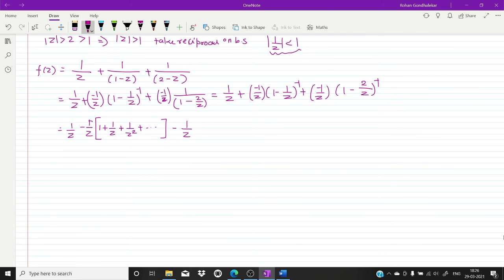Then −1/z into the third term. What is the variable here? 2/z. So 1 + 2/z + 2²/z² + and so on. Is it? So now this is 1/z. Now −1/z into this, so −1/z − 1/z² − 1/z³ + and so on.